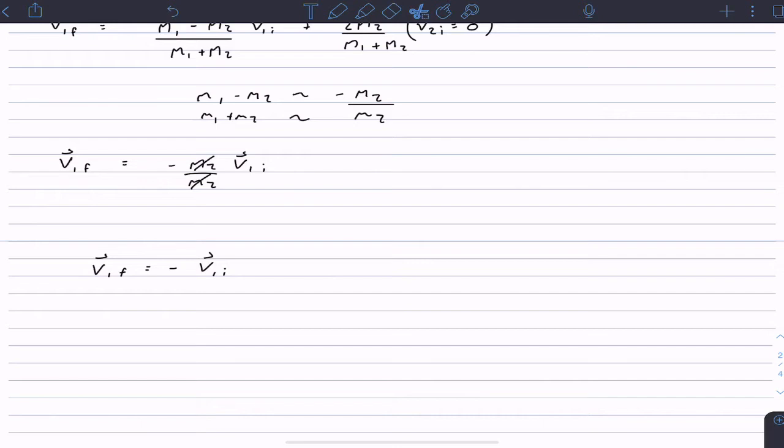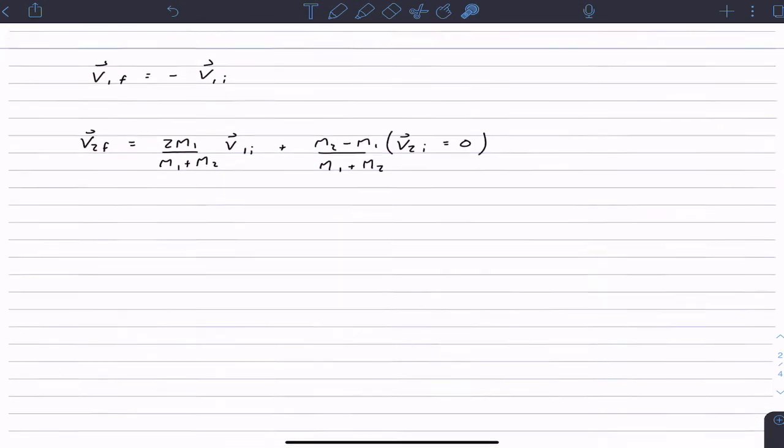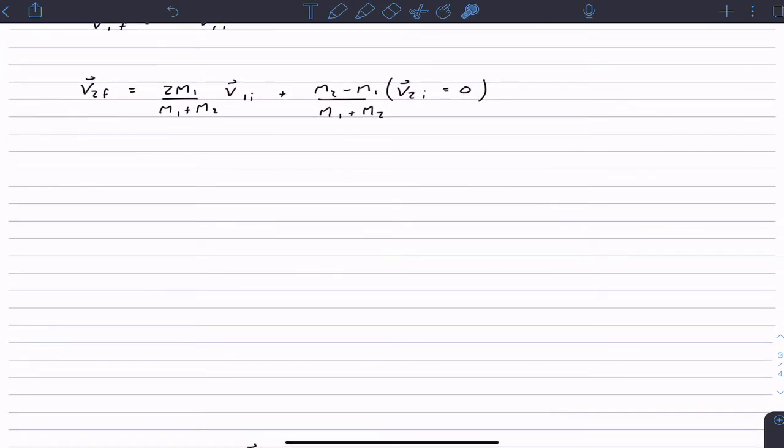Now, what does that insinuate about the massive particle then? Well, if we plug in for this, this is another equation that's in the back of the book, or in the summary of chapter 11. So here again, initial velocity of the massive particle is 0, so this term goes away. And now we're left with this term here.